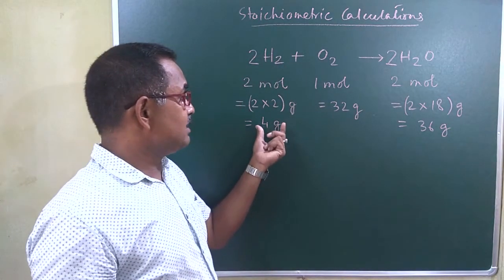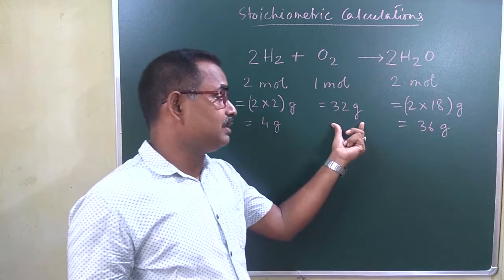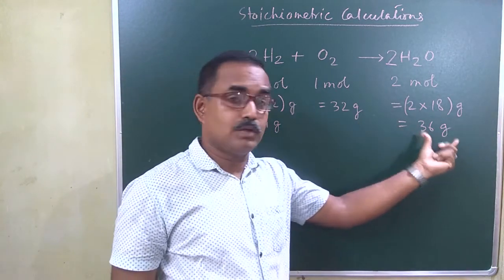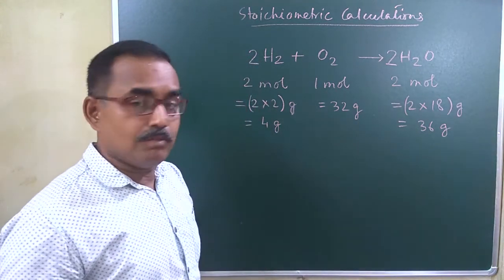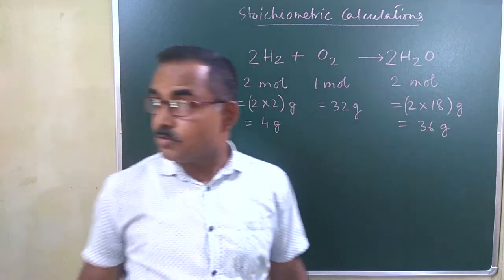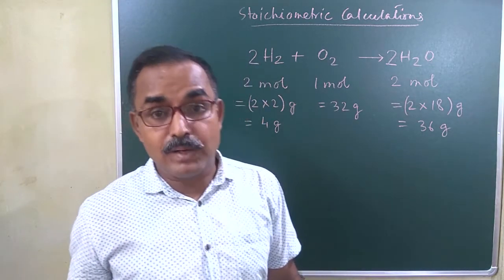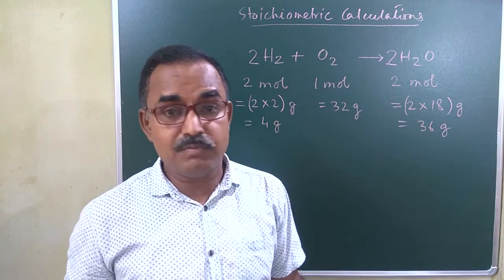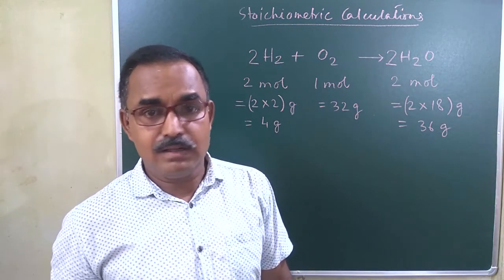In this way, you can say 4 gram hydrogen combines with 32 gram oxygen to produce 36 gram water. So a balanced chemical equation can provide us useful quantitative information related to a chemical reaction.